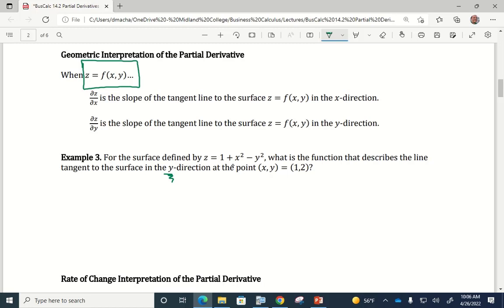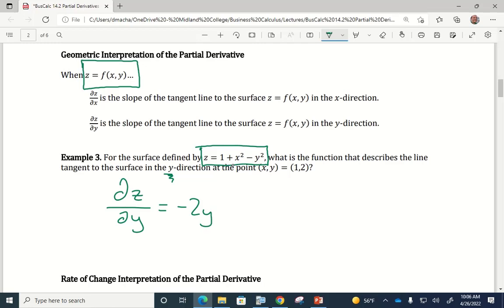So I'm talking about the partial of z with respect to y. And if this is my function, z is equal to 1 plus x squared minus y squared, then the 1 goes away in the derivative because it's just a constant. I also don't care about the x squared because I'm pretending that x is a constant, and so I should get negative 2y.